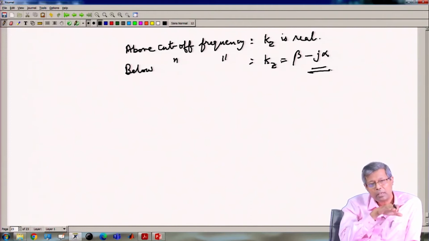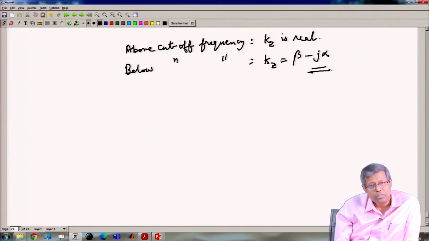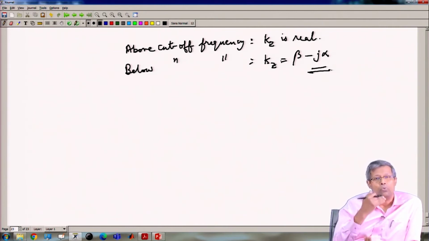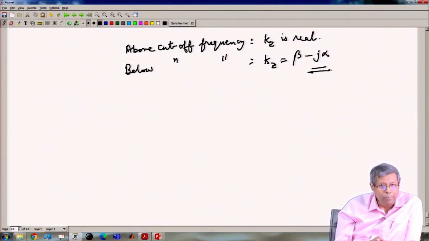Therefore, as they progress inside the dielectric slab, they progressively lose energy in the air region. This in fact marks the below cutoff region of the dielectric slab, where the dielectric slab can be used as an antenna.